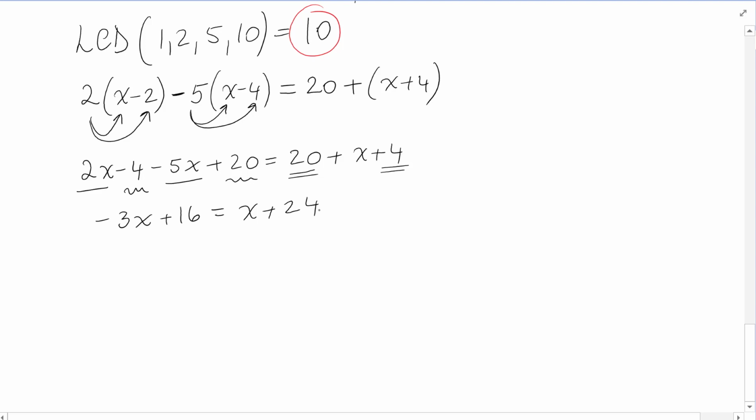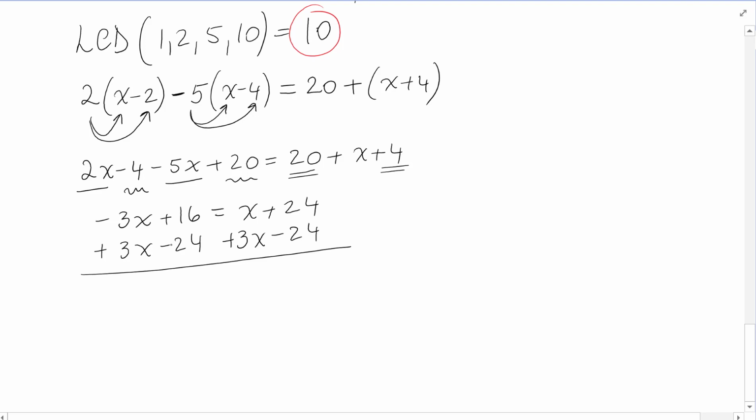We have x on both sides, so I'm going to add 3x to both sides. If you decided to subtract x from both sides to move this one from the right to the left, you can do that. And let's subtract 16 from both sides, and let's see what we get. Sorry, not subtract 16. Subtract 24 from both sides.